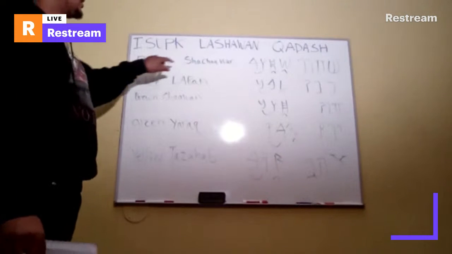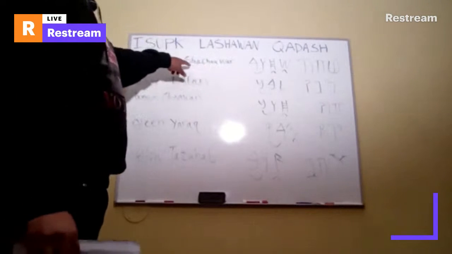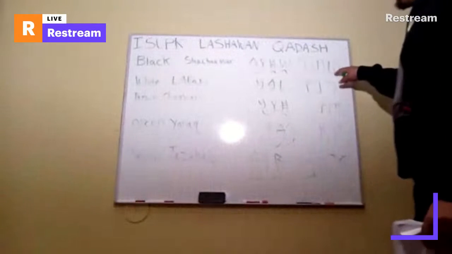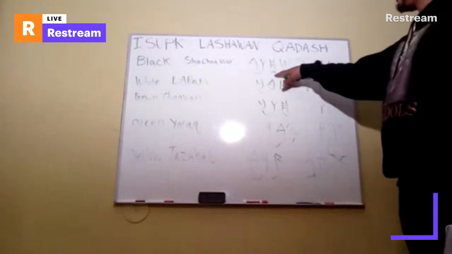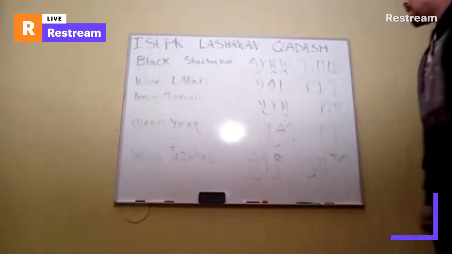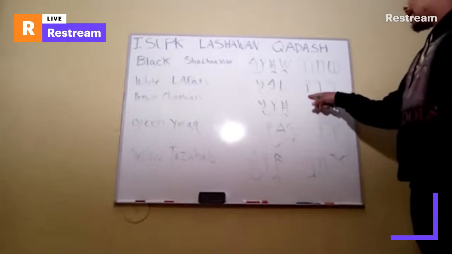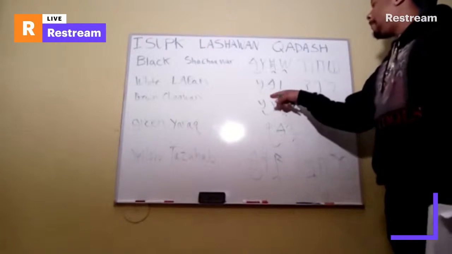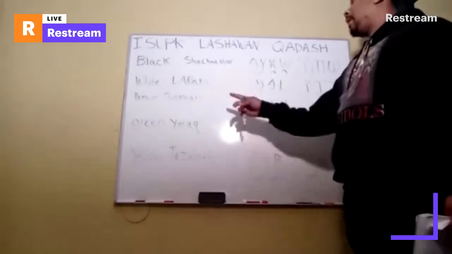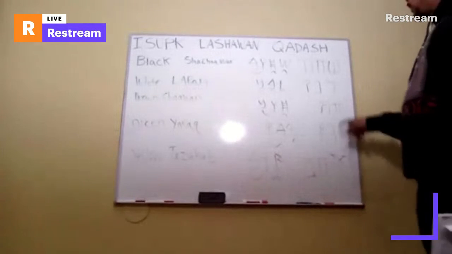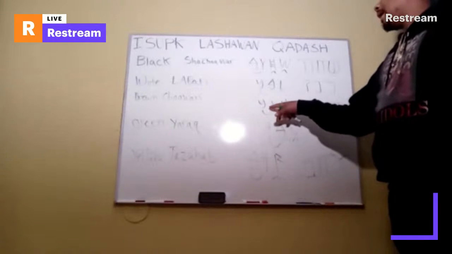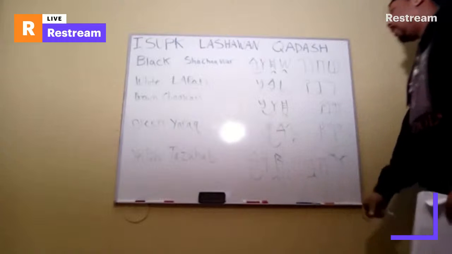You have black, Shakawar, with a connector at the end of the word. White is Laban in the Lashon Kodash. Laban, with a connector at the end of that word, right? Brown, Kawan. The Ya and nun sound connect at the end of that word.